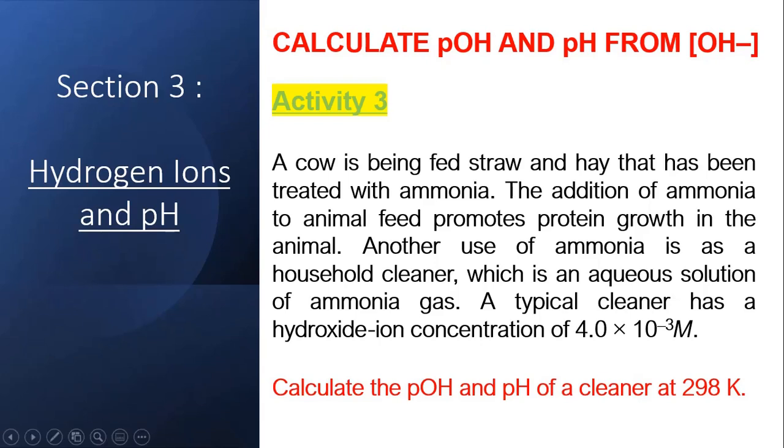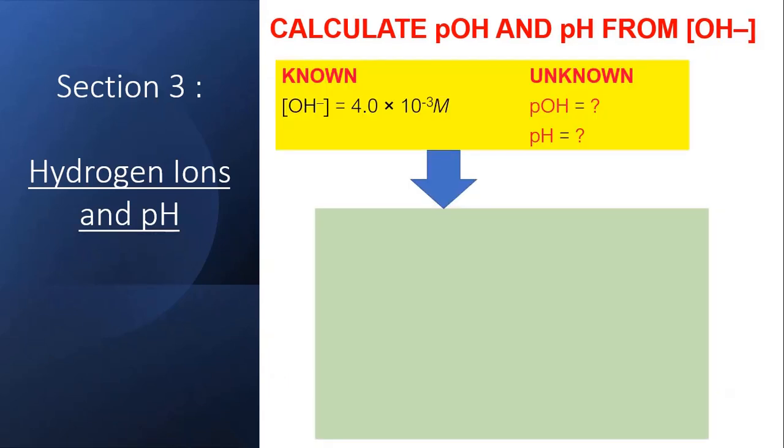A typical cleaner has a hydroxide ion concentration of 4 times 10 to the power negative 3. From this value, we are going to calculate both pH and pOH. We have OH negative, we need to calculate pOH and pH.